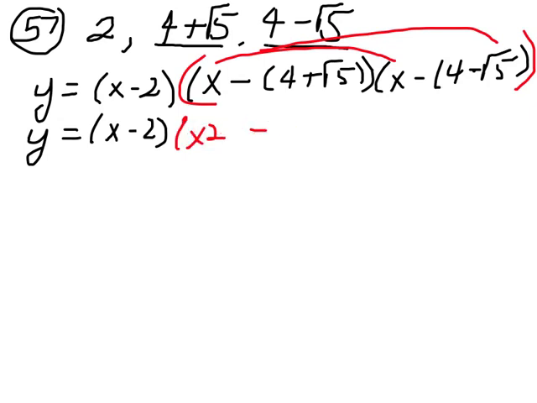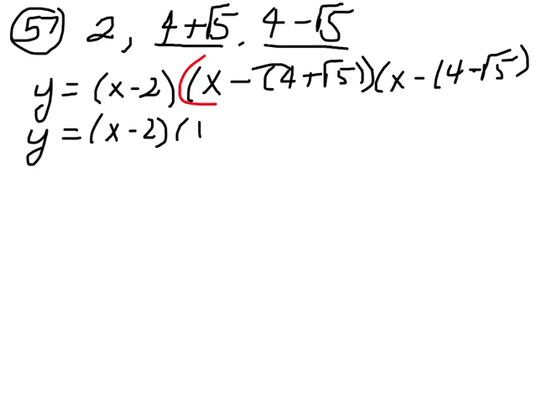Let me get rid of some of the junk I put on this paper. Okay, one thing I'm going to do here, because this is going to be a pain, is distribute this minus sign here: x minus 4 minus square root of 5, and then over here it's x minus 4 plus square root of 5, okay?